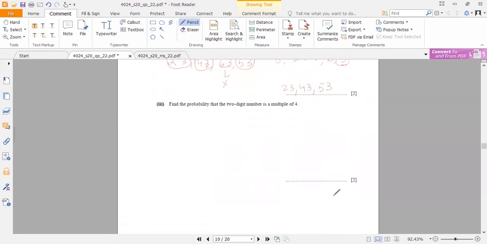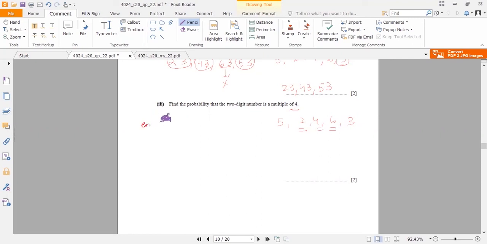Find the probability that the two-digit number is a multiple of 4. A multiple of 4 is only possible when we have 2, 4, or 6 in the ones column, right? So we can discuss every case one by one.